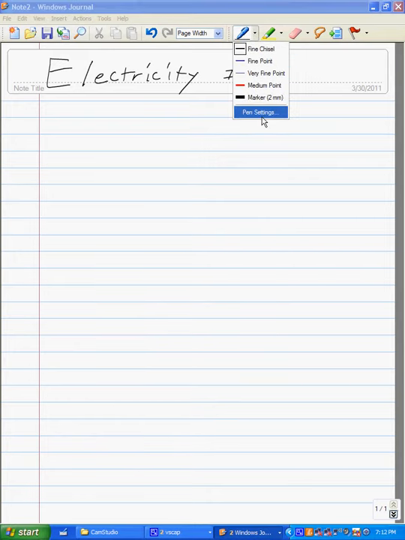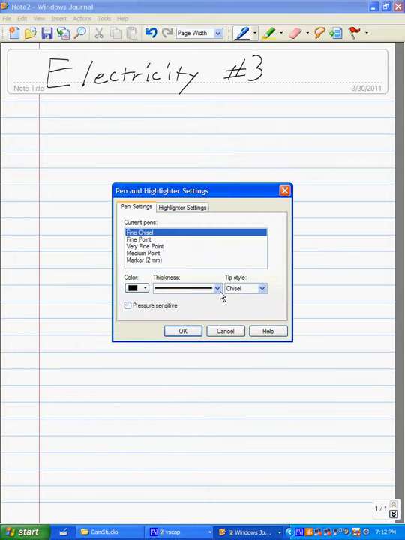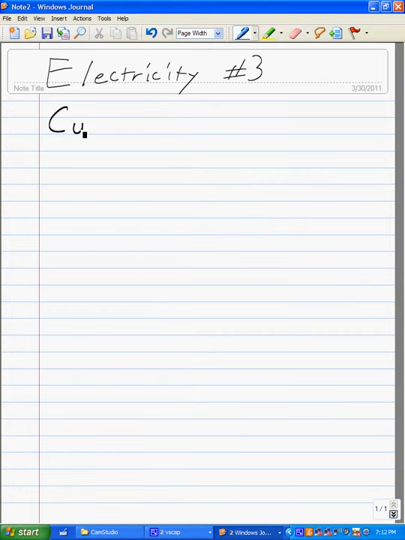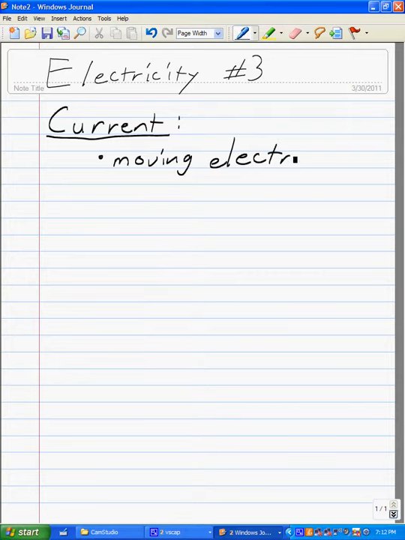And the first thing, and we've introduced the term before, but we'll introduce it again, that we're going to talk about is current to start off. So we have already said electric current is moving electrons. We said that back in that first lecture. So that's what current is.